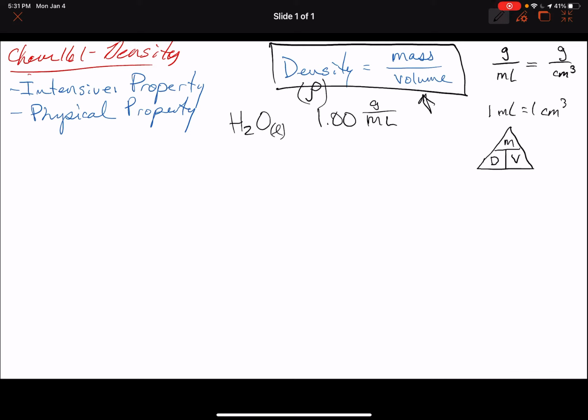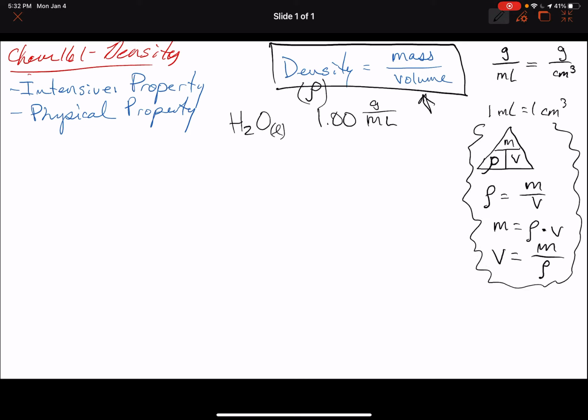So here you can see that rho is equal to mass over volume. If you want to solve for mass, mass is equal to rho times the volume. And if you want to solve for volume, it's equal to mass divided by density. Okay, so there's a little bit of a visual, if that helps you with equations that are this simple.